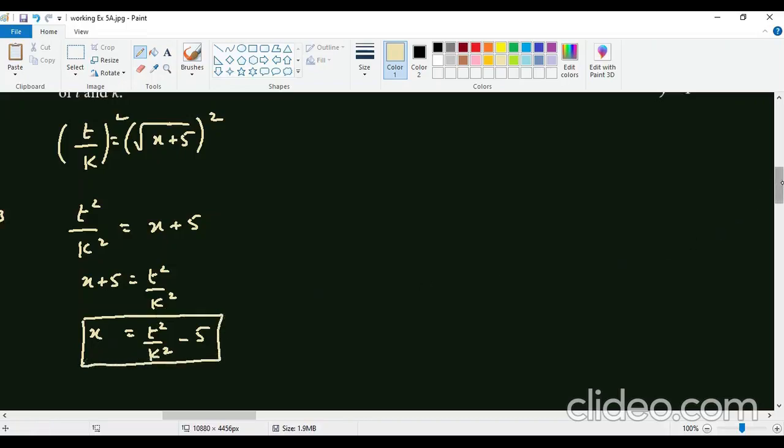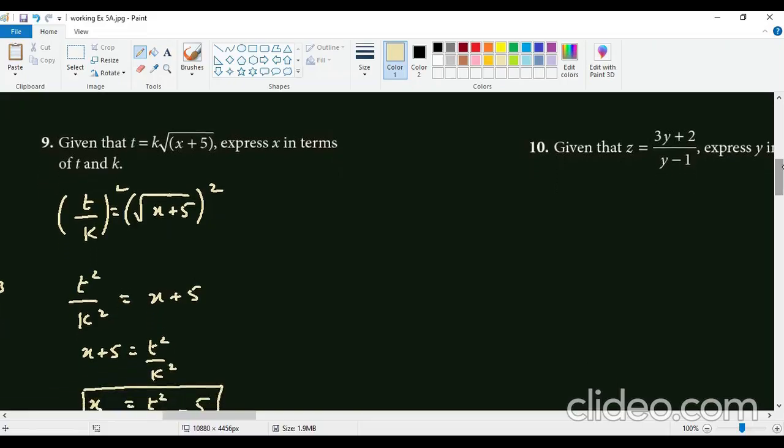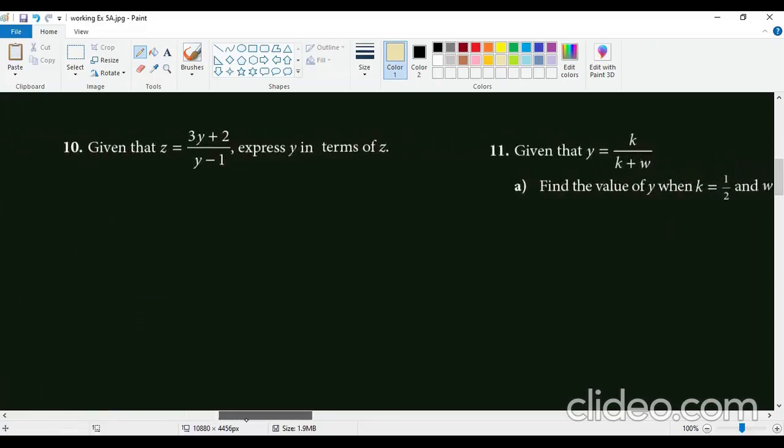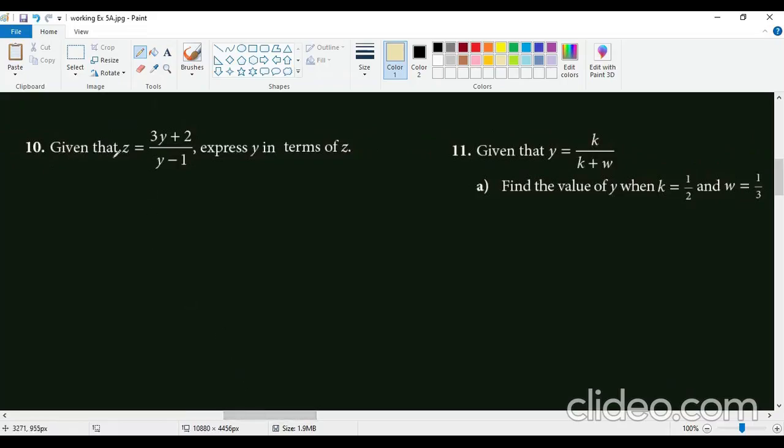When it comes to question number 10, given that z equals 3x plus 2 over x minus 1, x plus y, that means z is going to be multiplied by y minus 1 equals 3y plus 2. That means yz minus z equals 3y plus 2.